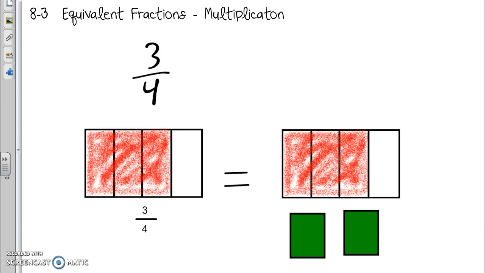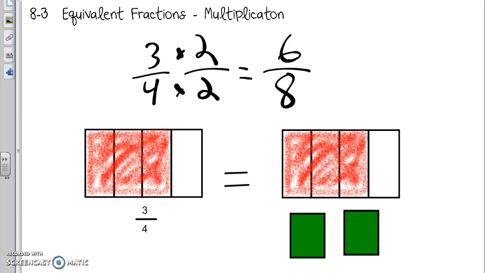I mean, you can multiply by 10/10 and you get an equivalent fraction. I'm not going to use the image to do that right now. So basically, I'm just going to do our regular. Let's multiply by 2/2. The numerator and denominator have to be multiplied by the same thing. You guessed it, 6/8.